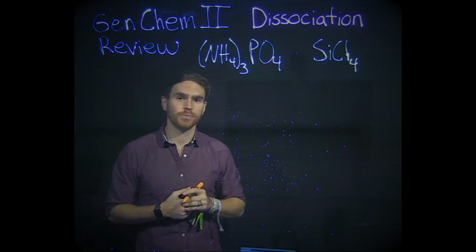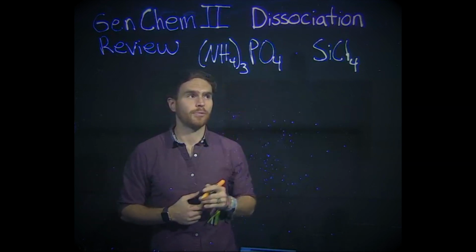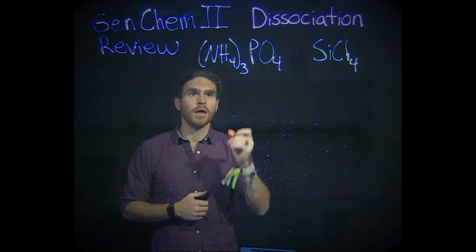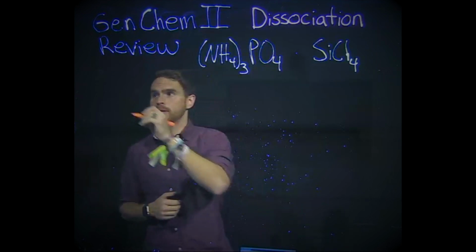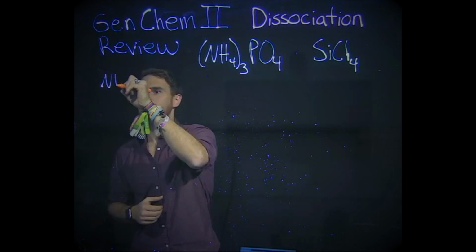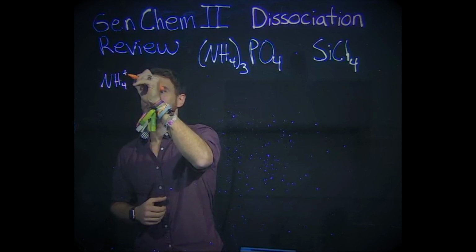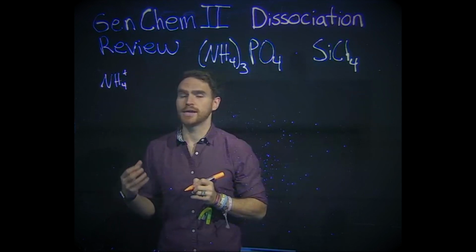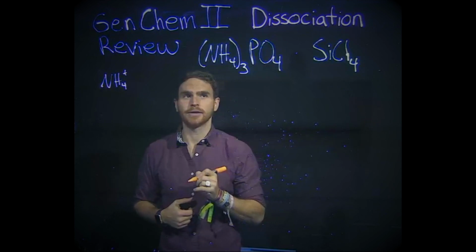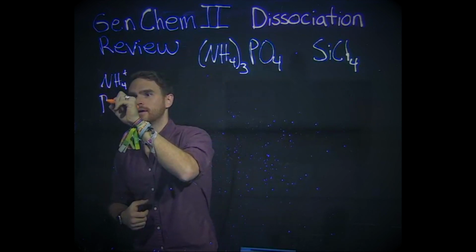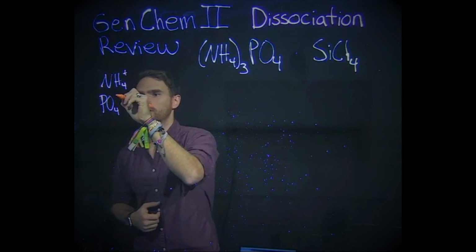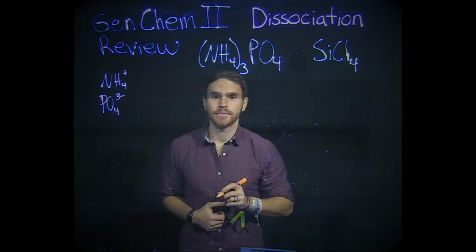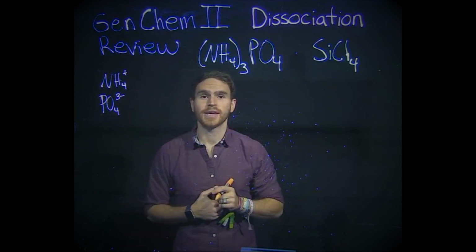In order to determine this, we need to look at the properties of the two different molecules. Ammonium can be written as NH4 plus, because it is a polyatomic cation, and phosphate can be written as PO4 3 minus, because it is a polyatomic anion.